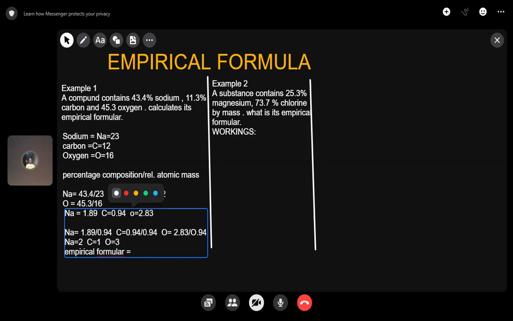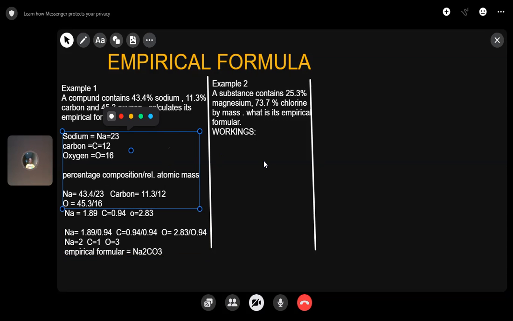The value for Na is 2, so Na2. C is 1, so C. Oxygen is 3, so the subscript is 3. This is the empirical formula for question 1: Na2CO3.